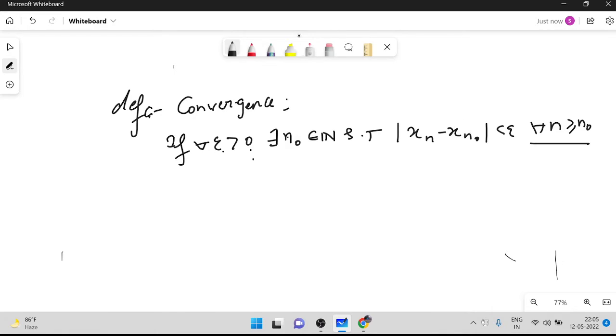Sorry, this is not n naught, this is the limit. This is an equivalent definition for limit xn, as n approaches infinity, is x, which I'll also denote as xn approaches x.